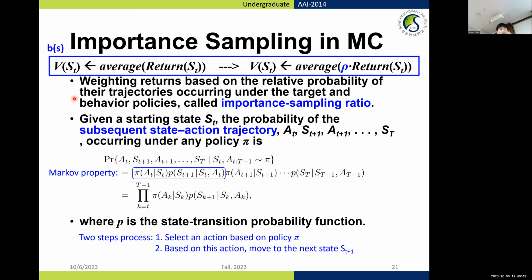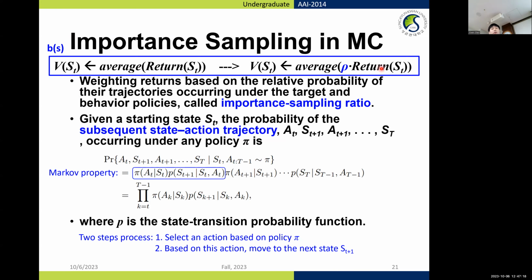Previously we just averaged the return through one episode, then updated the state value. Now we can put this rho, the importance sampling ratio, here to rescale the return from b(s), the behavior policy.